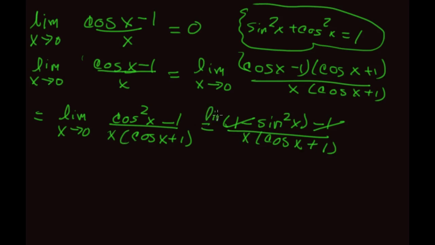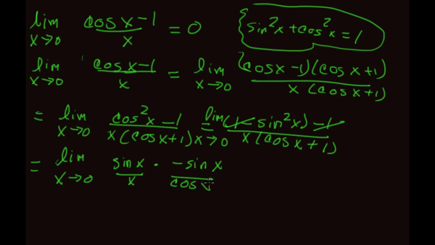Right, so this is still a limit as x approaches 0. I can break this apart. I now have the limit as x approaches 0 of, well, negative sine squared of x can break into the sine of x times the negative sine of x, and the bottom can break into x and cosine x plus 1. Let's think about what happens here. This, we just proved, goes to 1.